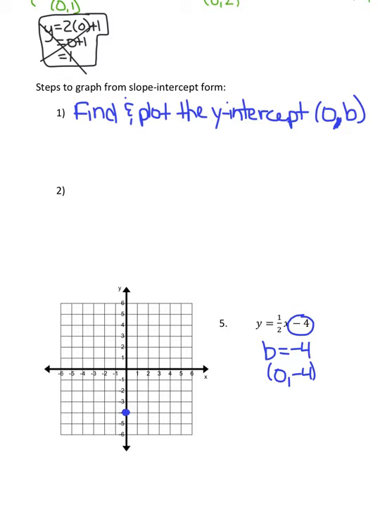Second part means that we need to now find additional points on the line. So number 2, we're going to state the slope as rise over run, right?